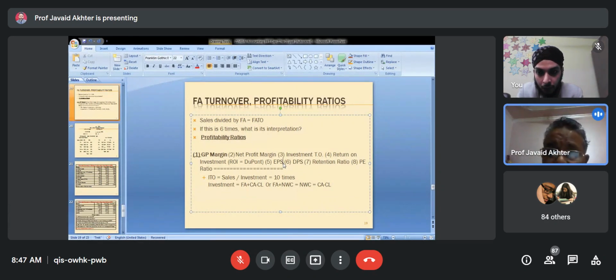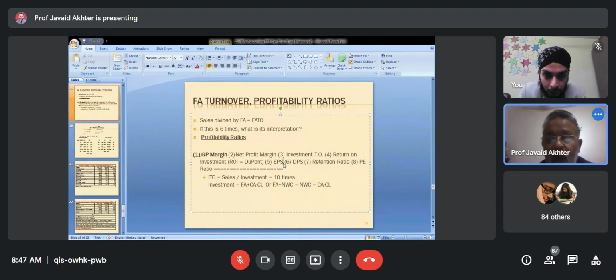If you divide the net profit after taxes and after paying everything by the number of common shares, or equity shares, also known as ordinary shares, you get EPS. For each share, how much you are earning.